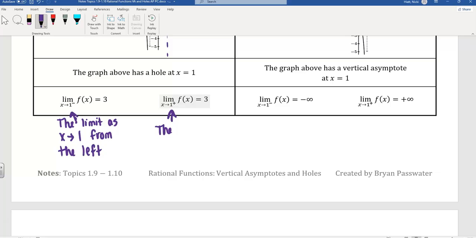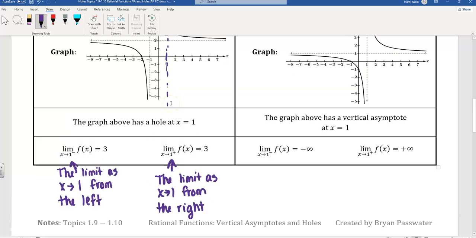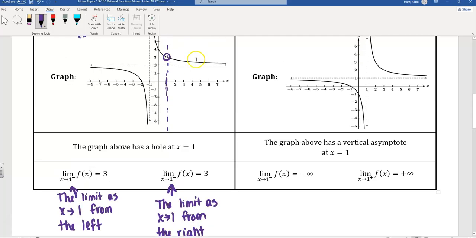So this is the limit as x approaches 1 from the right-hand side. And at a hole, you should get the same number for both sides, right? Because if I approach that dotted line from the left-hand side, I also go to that single point right there, right? And the y coordinate of that point is 3.